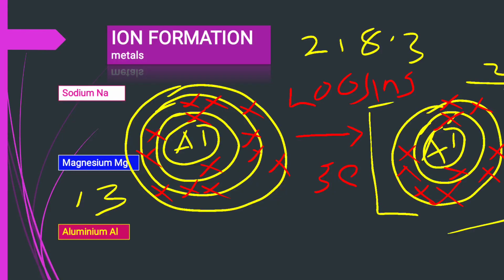The 3 plus represents the valency. That is to mean that for aluminium to form an ion, it does so by losing 3 electrons.